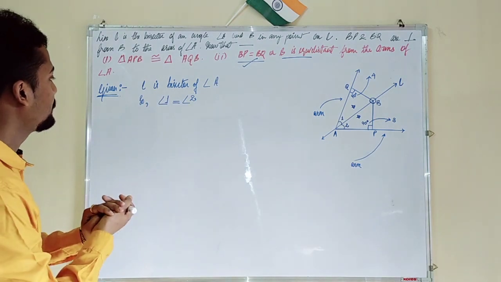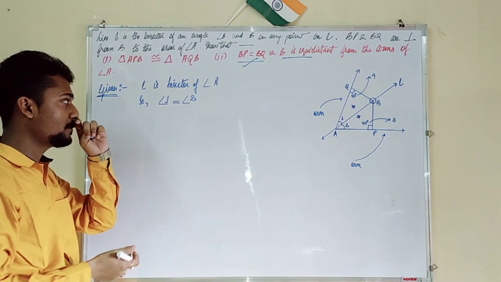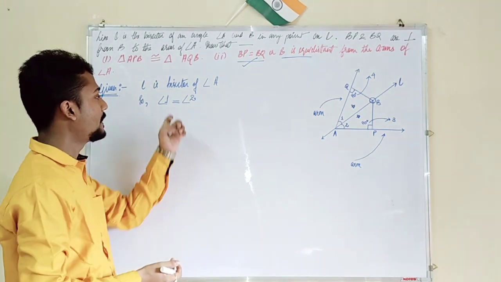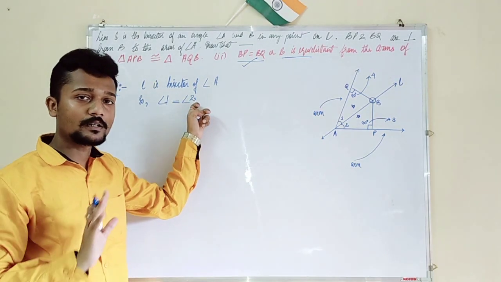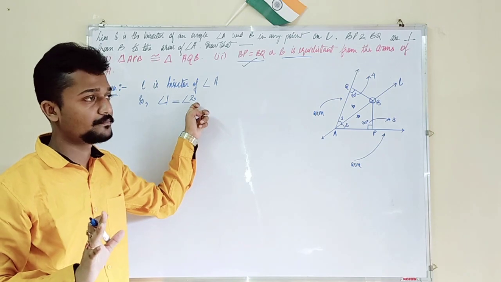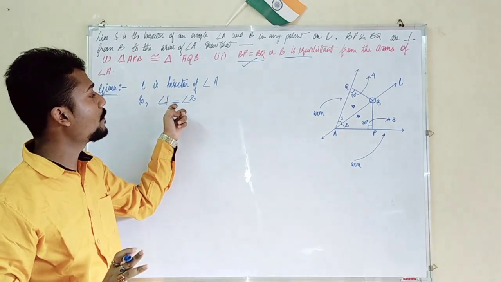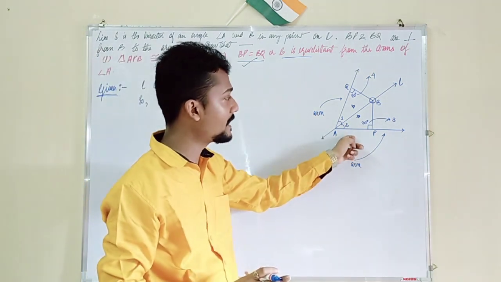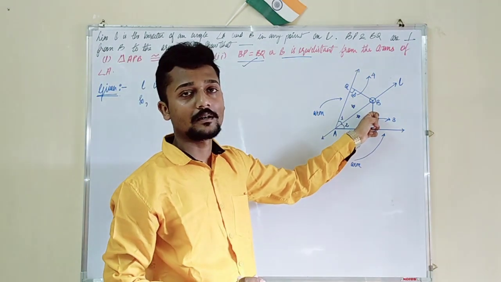Before doing the next part, I must tell you one thing: writing angle 1 and angle 2 is not incorrect. It is correct provided you draw the diagram and mention the numbers.